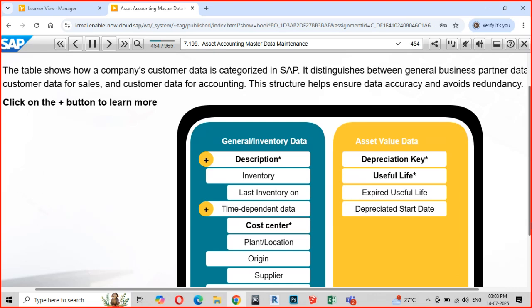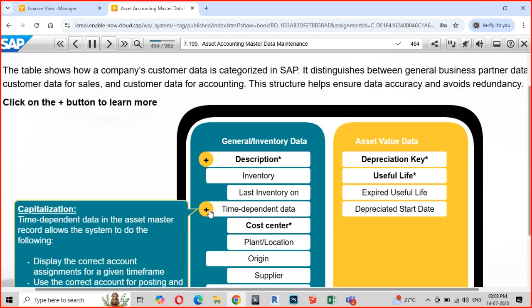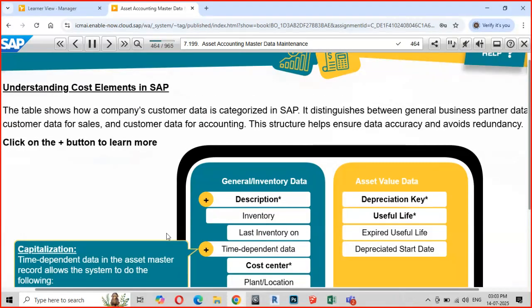So whatever costs, it says click on the plus button to learn more. Fine, fair enough. Mandatory fields. So the general understanding of cost elements is that they are called primary cost elements and secondary cost elements in SAP.